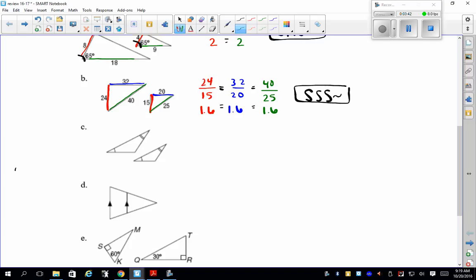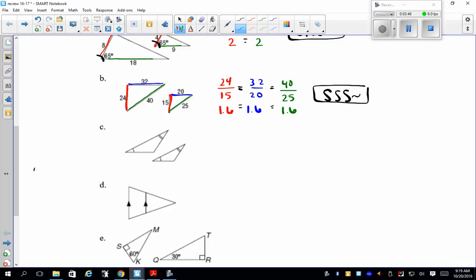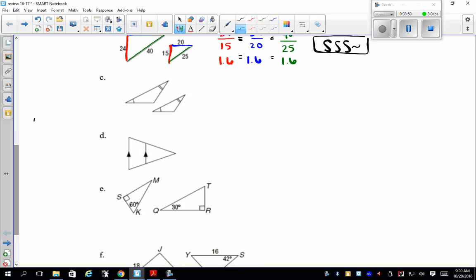Okay, number C, all I'm doing is going by the angle marks. So I have an angle here and an angle here, and the same angles marked in the other triangle. So this is similar by angle, angle similarity.